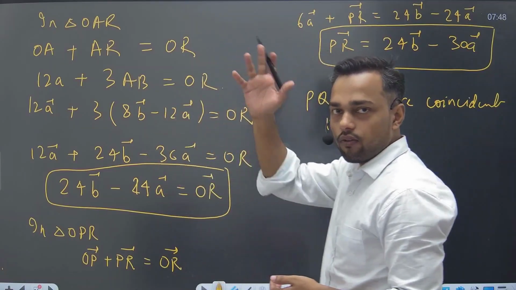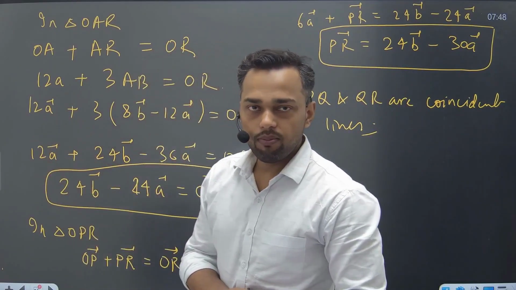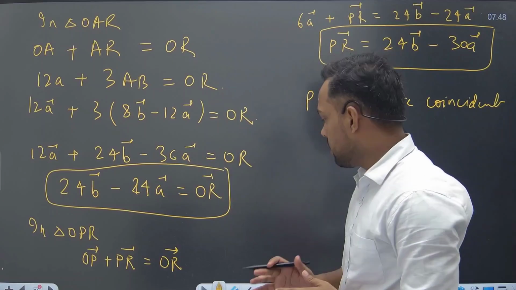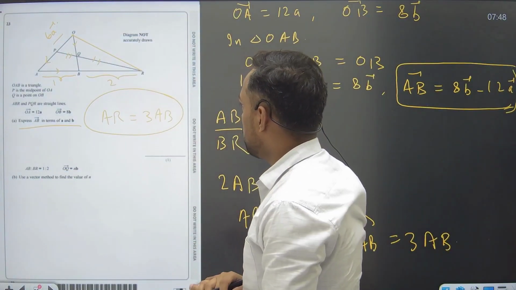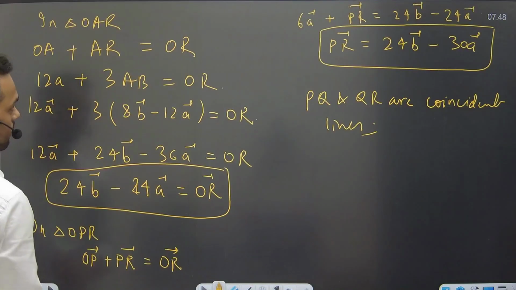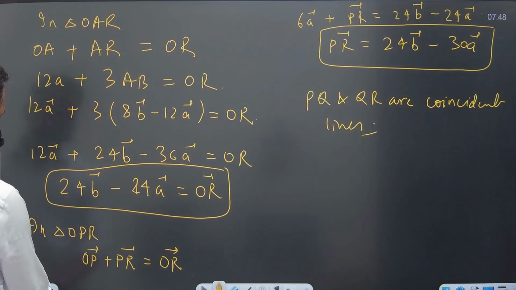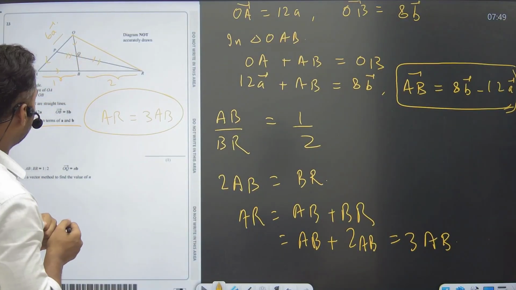So in vector form, you can analyze this part: they both will be parallel. So PQ will be, we have got the value of PR, student.